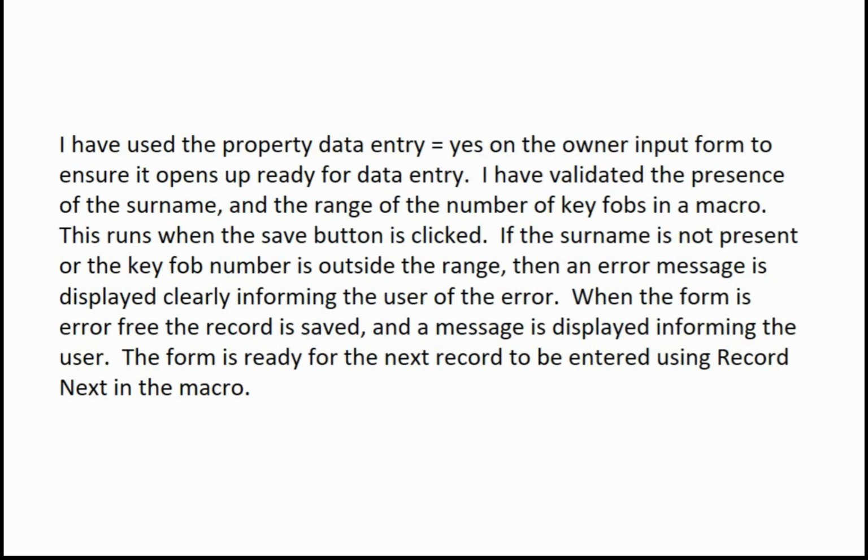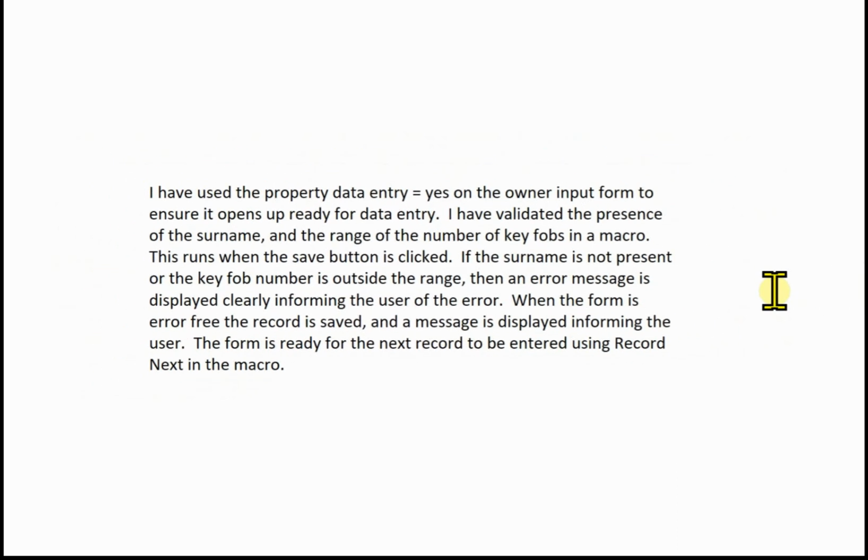If the surname is not present or the key fob number is outside the range, then an error message is displayed, clearly informing the user of the error. When the form is error-free, the record is saved and a message is displayed, informing the user. The form is ready for next record to be entered using record next in the macro.